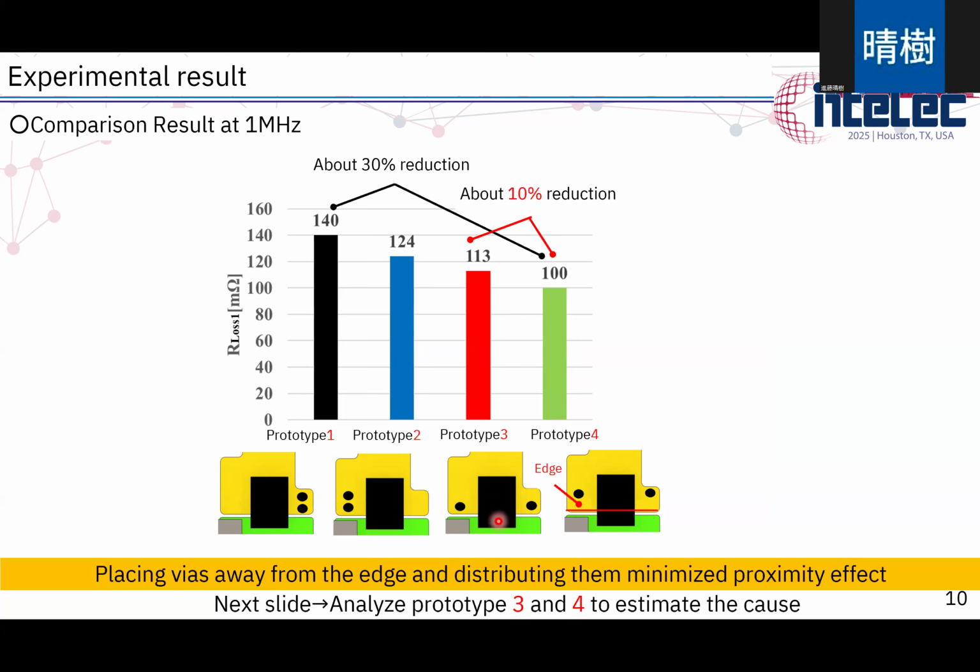The only difference is the distance between the edge and the vias, but this is about a 10% reduction of losses. So placing vias away from the edge and distributing them minimizes the proximity effect. In the next slide, we analyze prototype 3 and prototype 4 to investigate the cause.